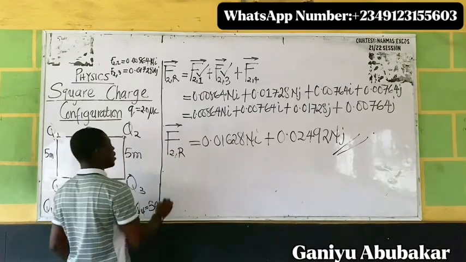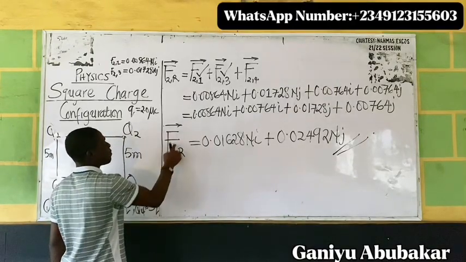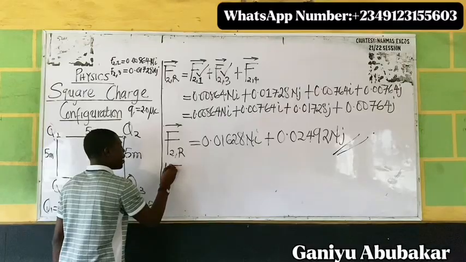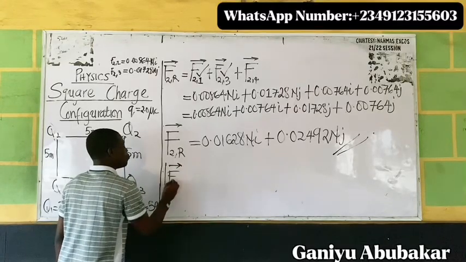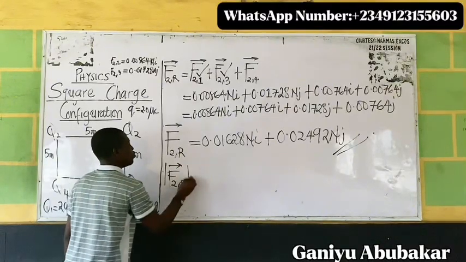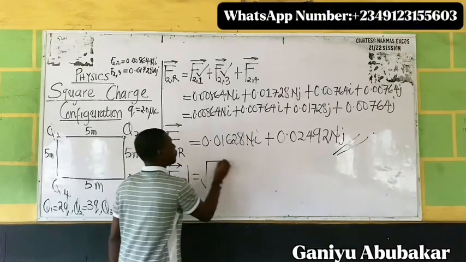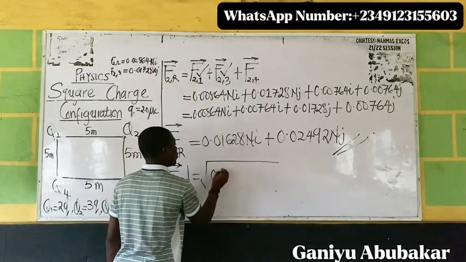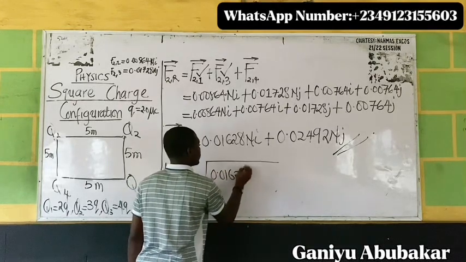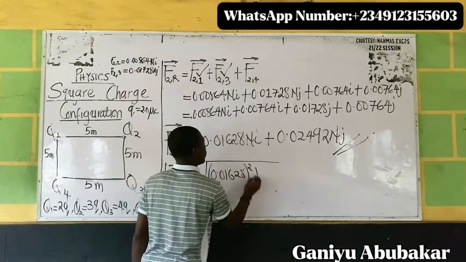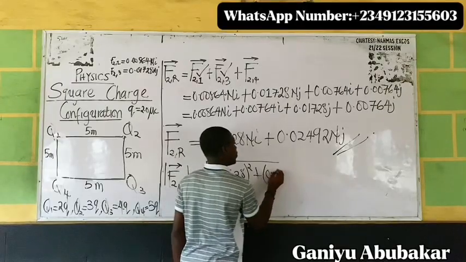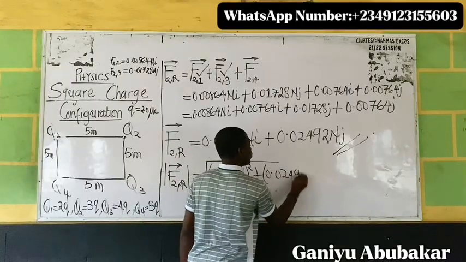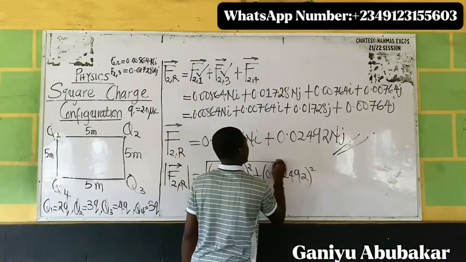So let's find the magnitude. F2R magnitude is equal to the square root of each of the terms: 0.01628 all squared plus 0.02492 squared.